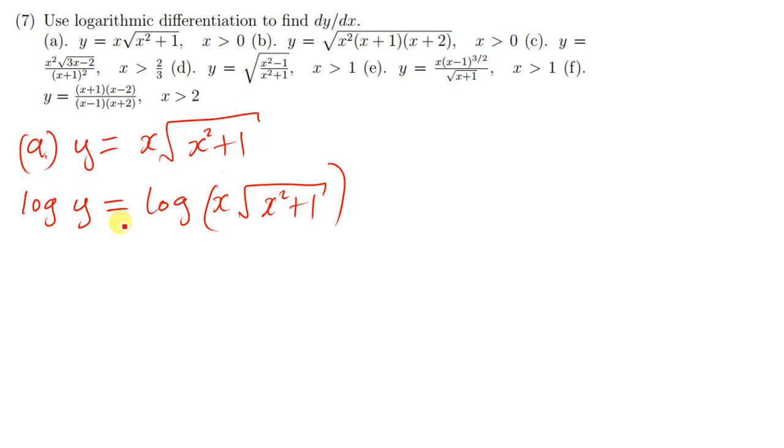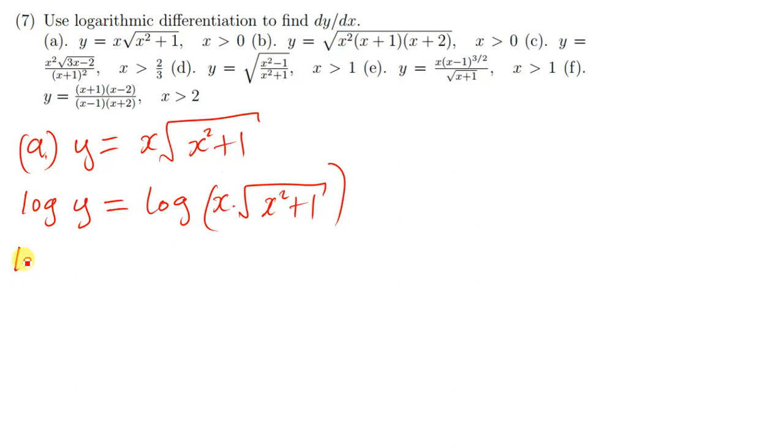Before we even begin to differentiate, let us first deal with this expression here. We simplify it, because we know that where there is multiplication in logs, it means that we are adding two log functions. Where there is division, it means that we are subtracting two log functions. So let us apply those rules.